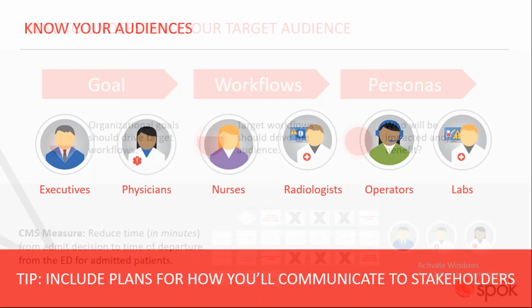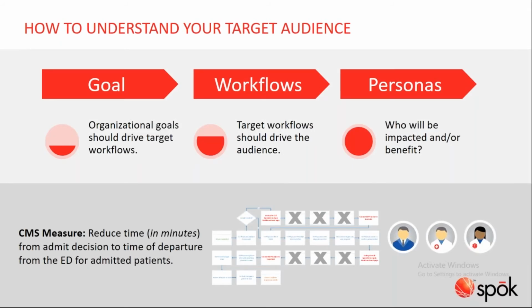So here's tying together some of the things that we've just talked about. What you might start with is a goal, and the organizational goals should drive your target workflows. So let's say I have a goal of improving, to use an easy one, ED throughput. As you can see down here at the bottom, that's an example of, let's say, our goal is to reduce time from admit decision to time of departure from the ED.